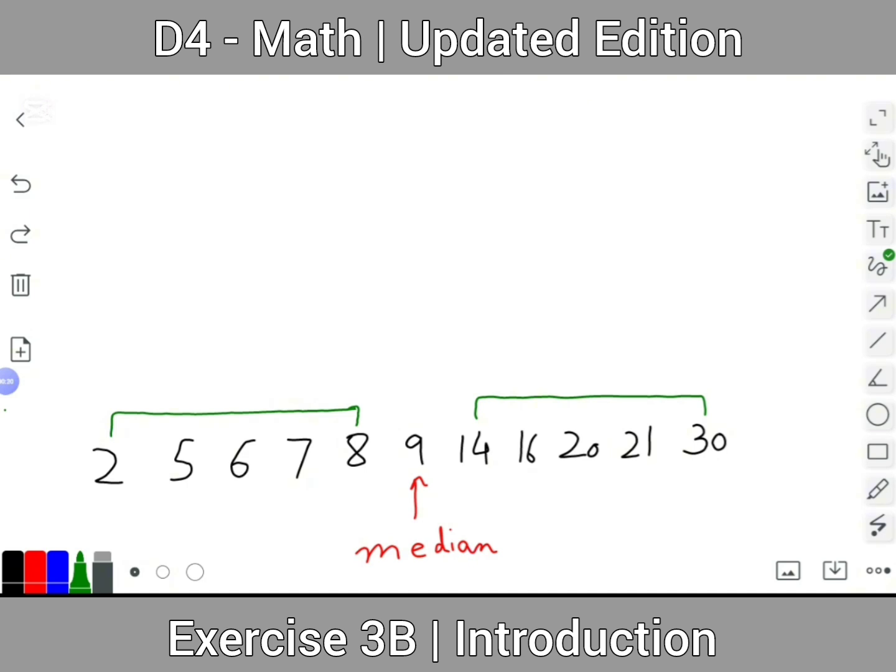So we consider the 5 values on the left side of the median.